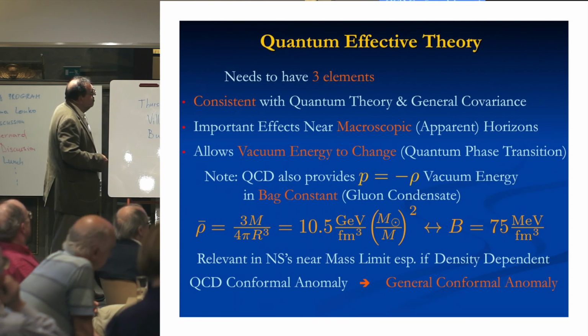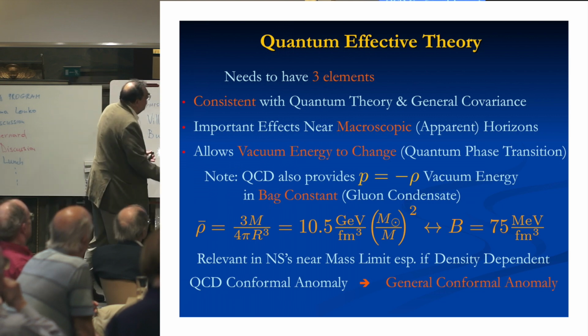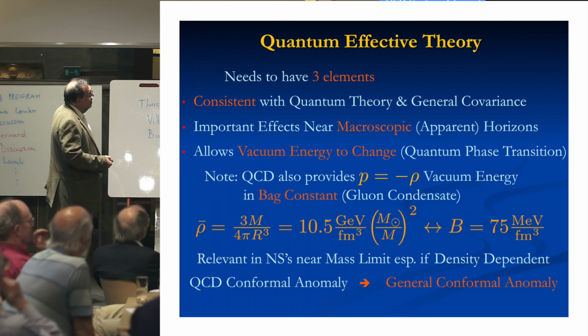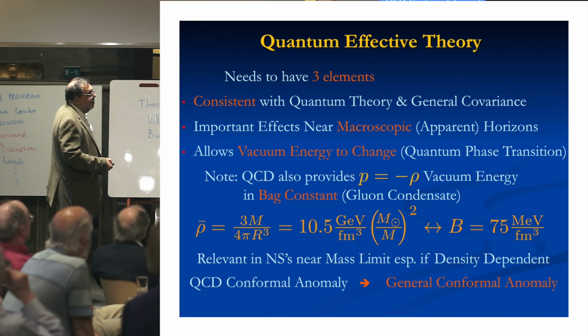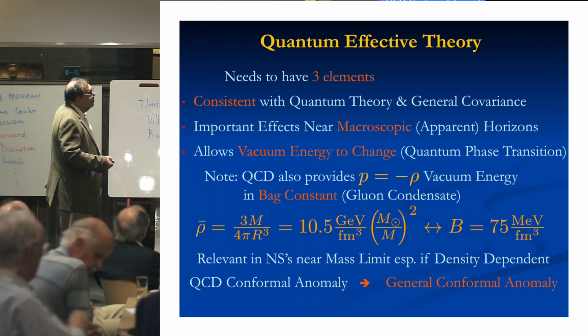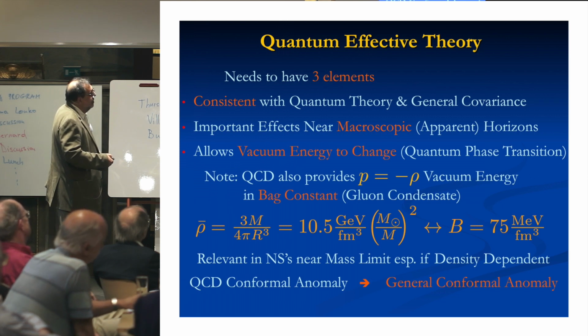Okay, so this is the effective field theory. I'll mention just another side remark: if you look at the bag constant in QCD, it's got a number something like 75 MeV per fermi cubed, and so this should be going on inside a neutron star if you start approaching the Oppenheimer-Volkoff limit, and the density, just from my simple constant density Schwarzschild solution, is this value.